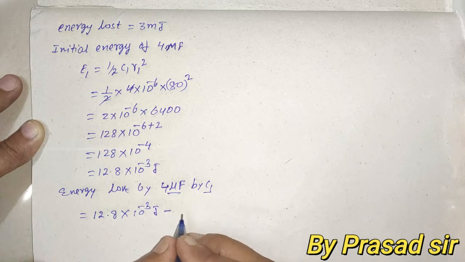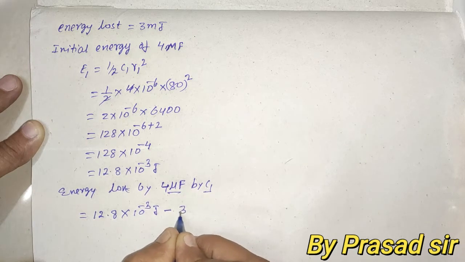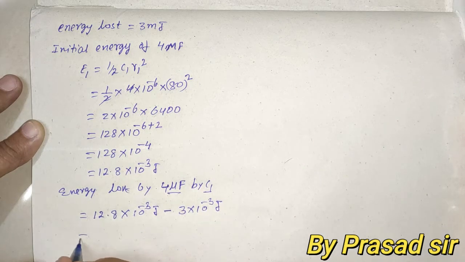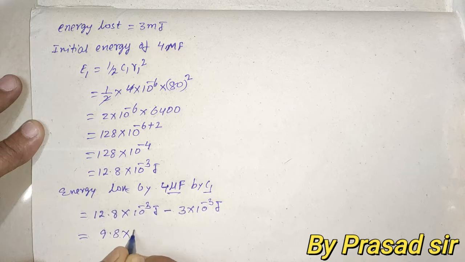So how much total energy lost here? That is 3 into 10 to the power of minus 3 joules, and subtraction of this one, 12.8 minus 3, 9.8 into 10 to the power of minus 3 joules is nothing but 9.8 millijoules.